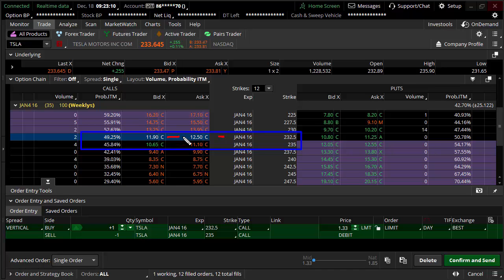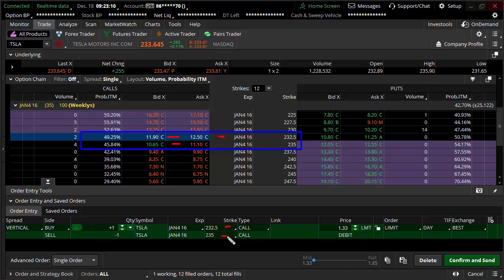But then I turned around and simultaneously sold the 235. If you're new to options, buying these 232.50s gives me the right to buy the stock at $232.50. Selling the 235 obligates me to deliver somebody's stock at 235.